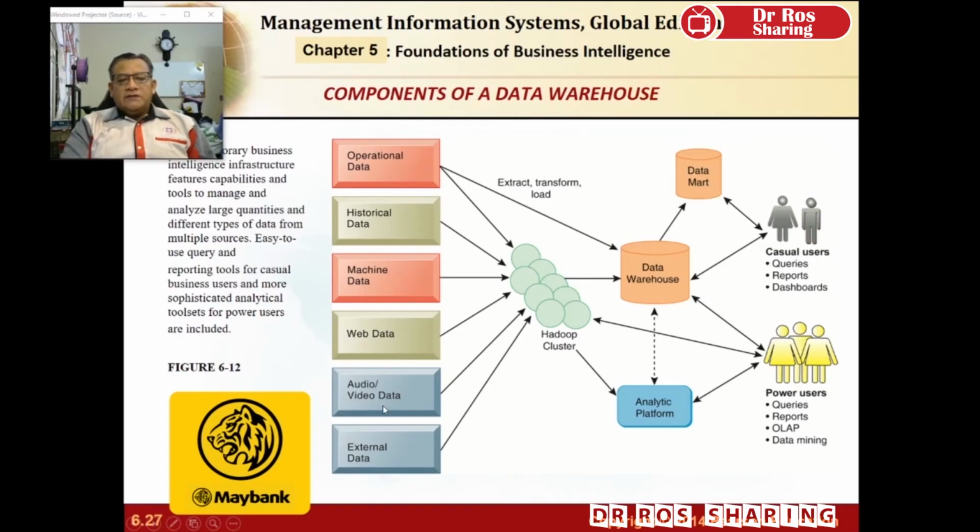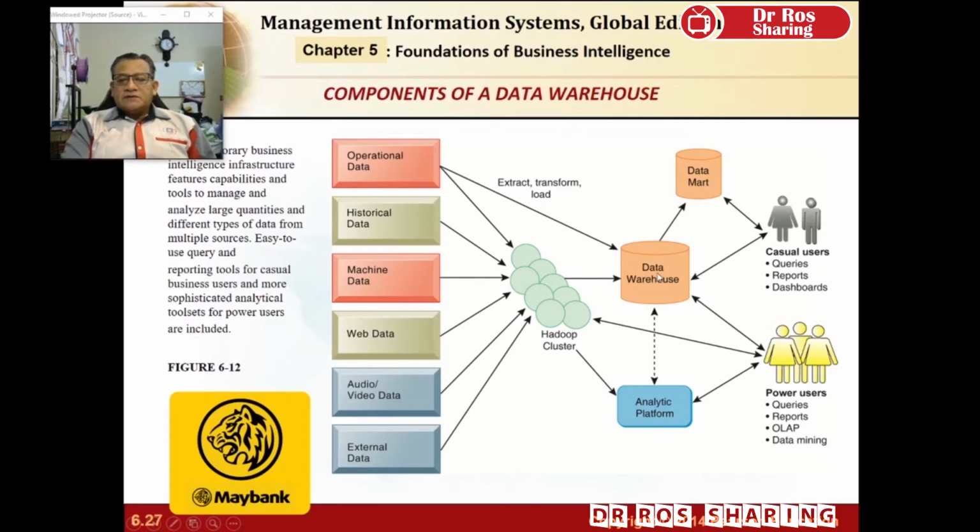Could be audio and video data, and also external data, like data from suppliers and from customers. All this data could be contributed to Hadoop, which is analytical software, and this Hadoop will access the data warehouse inside the Maybank server. And this data warehouse also has a data mart, which is a specific application of transactions, for example, engaging users for their queries, reports, and also for managers to see their dashboard.